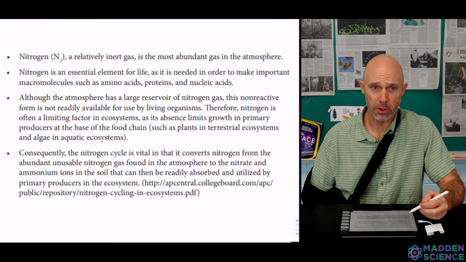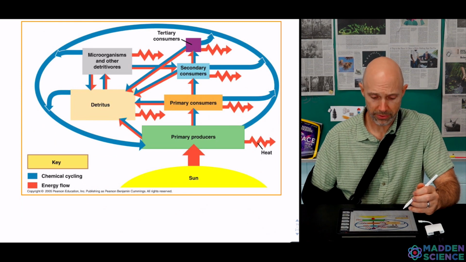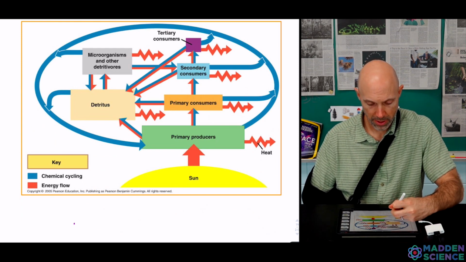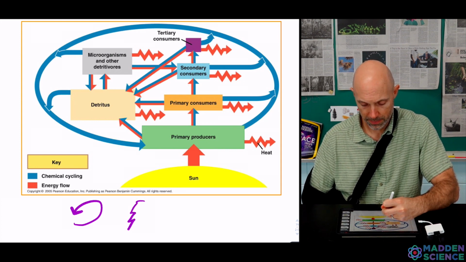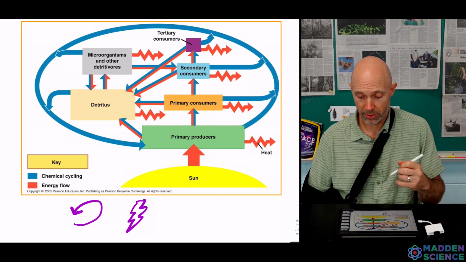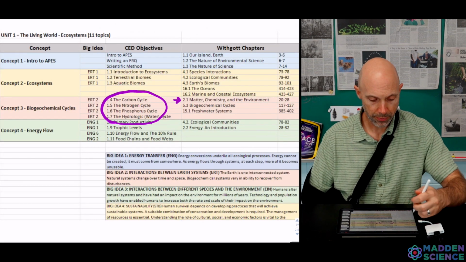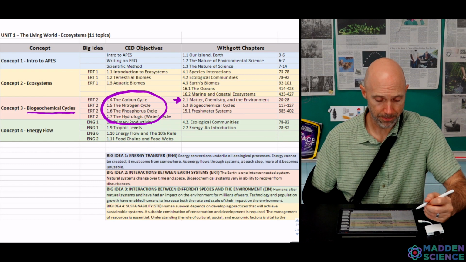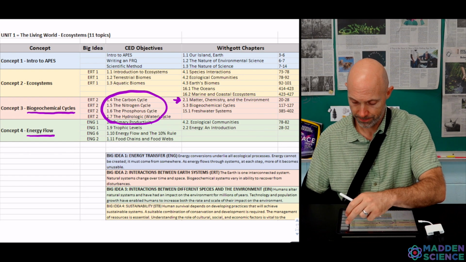You can see some quick key facts about nitrogen, reminding us the concept that in an ecosystem, matter cycles, and it's energy that flows. So right after this section, if we skip back to here, you'll see that in here for biogeochemical, we're in with matter, and in concept 4, we're dealing with energy.